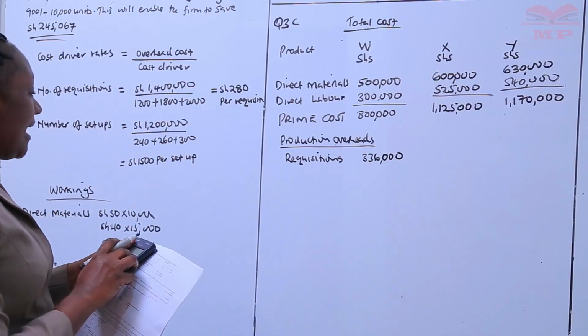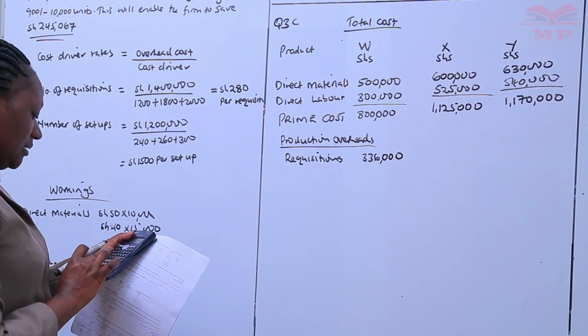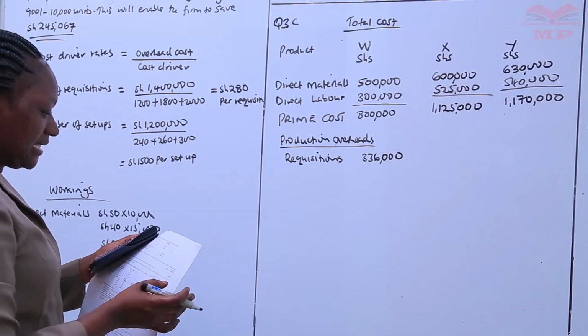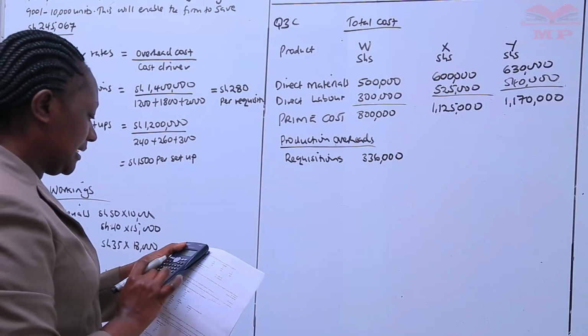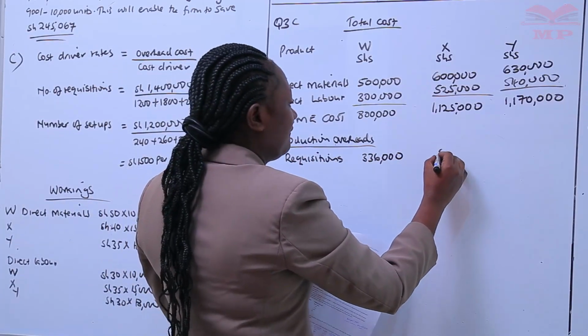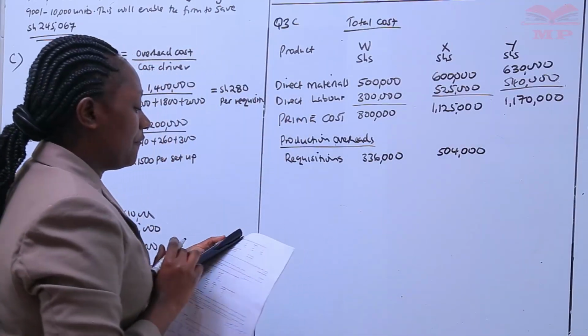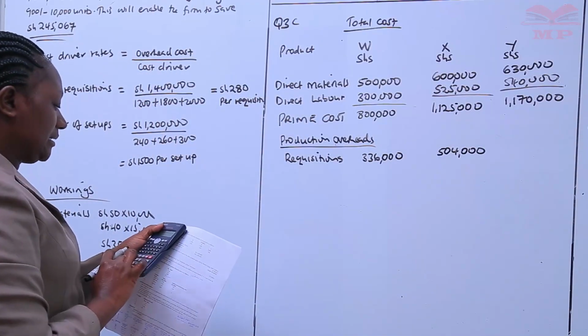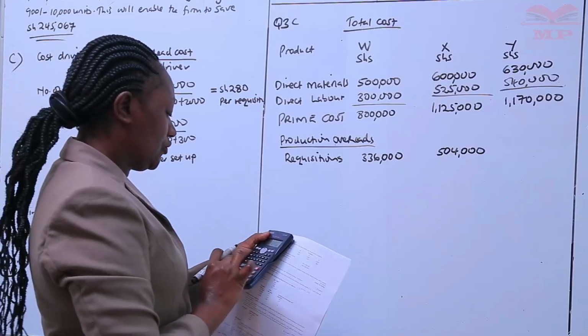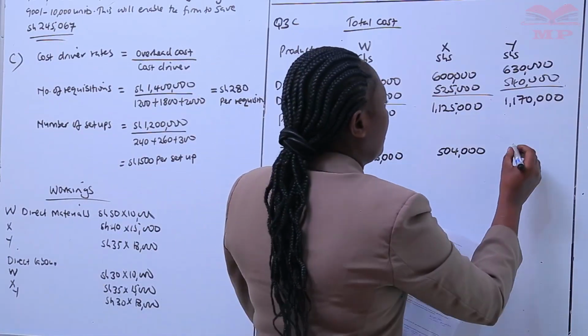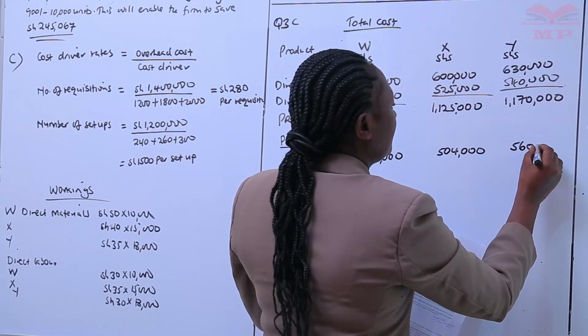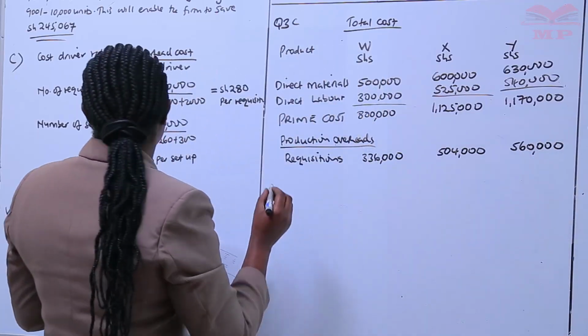Do the same for X. Cost per requisition, 280 times number of requisitions, which is 1,800. This is 504,000. For Y, 280 multiplied by 2,000 requisitions. This is 560,000.